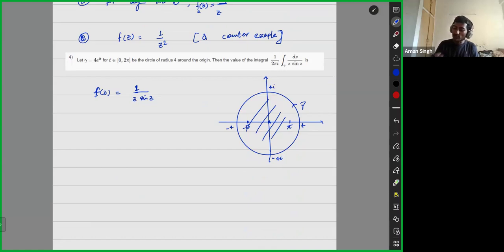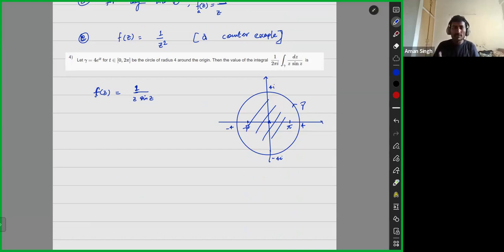Now we have to calculate. This integral we are going to calculate by the residue theorem. We have told you that you see where the poles are, calculate the residues, add them up, and then we are done.